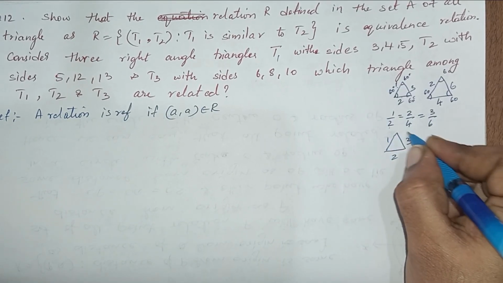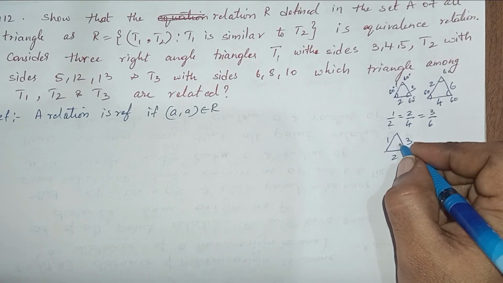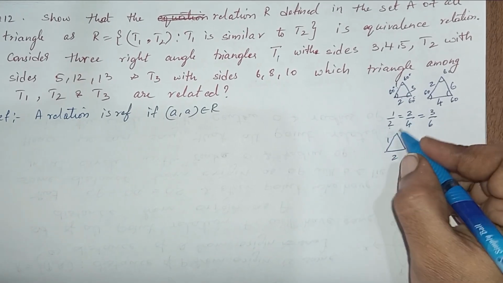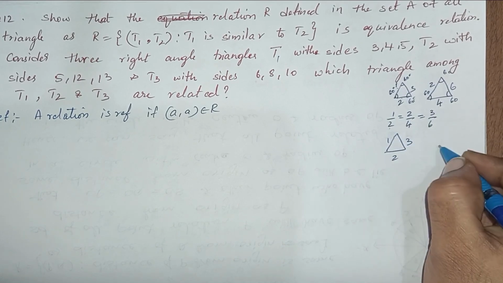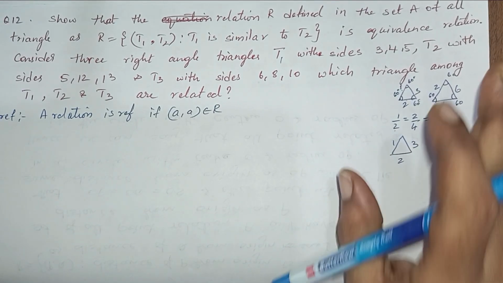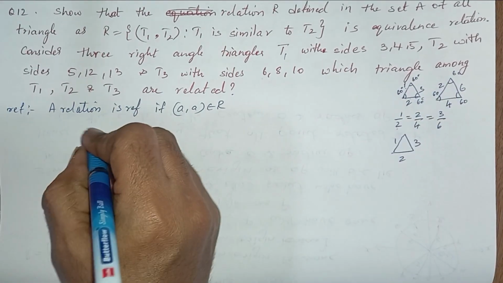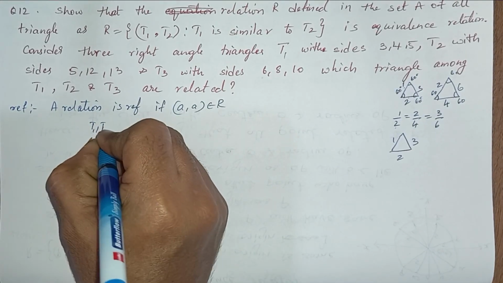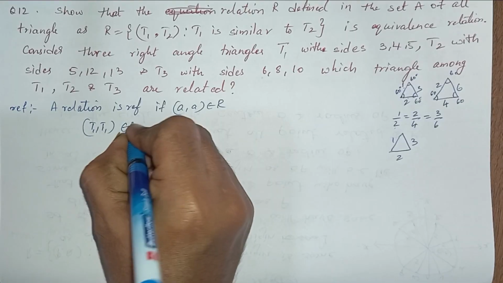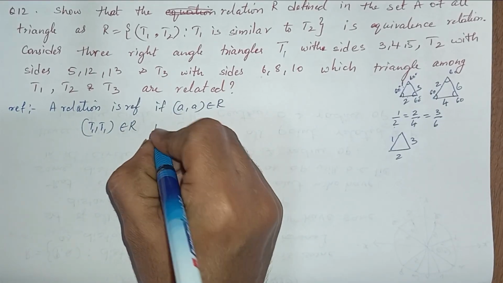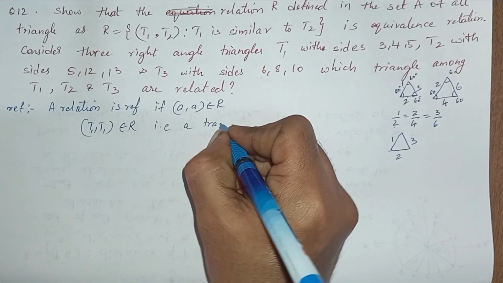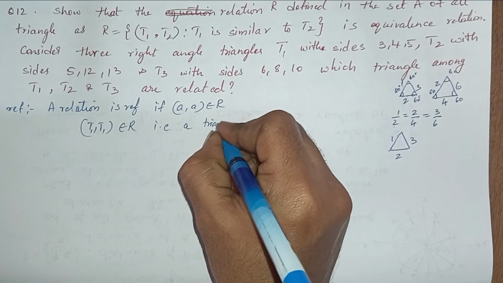If we take a triangle with sides 1, 2 and 3, this is my T1 triangle, and it should be similar to itself. Obviously the same triangle is the same to itself. So we can write it as (T1, T1) belongs to R.